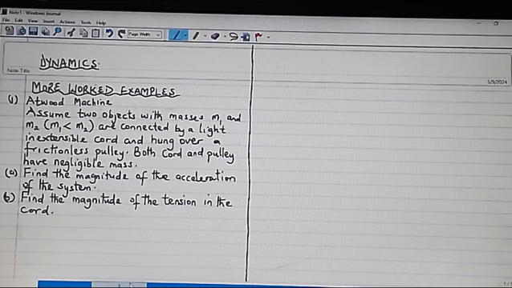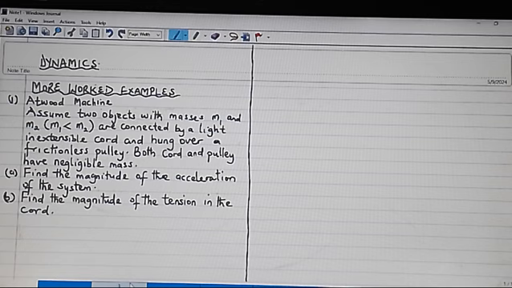Both the cord and the pulley have negligible masses. Now the question is, let us find the magnitude of the acceleration of the system and also the magnitude of the tension in the system.